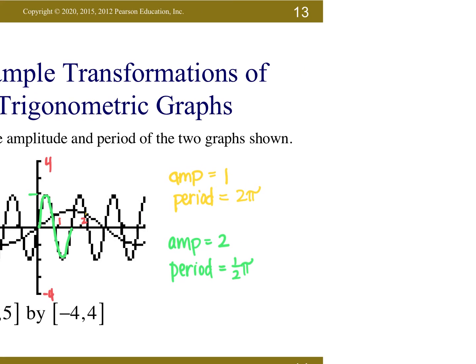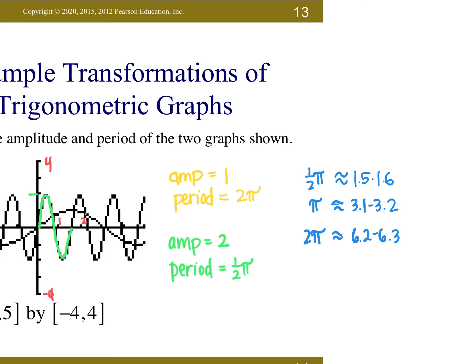All right, so just some rules of thumb. Half pi, approximately 1.5 to 1.6. Pi, approximately 3.1 to 3.2. 2 pi, that's approximately 6.2 to 6.3, a little bit more than that.